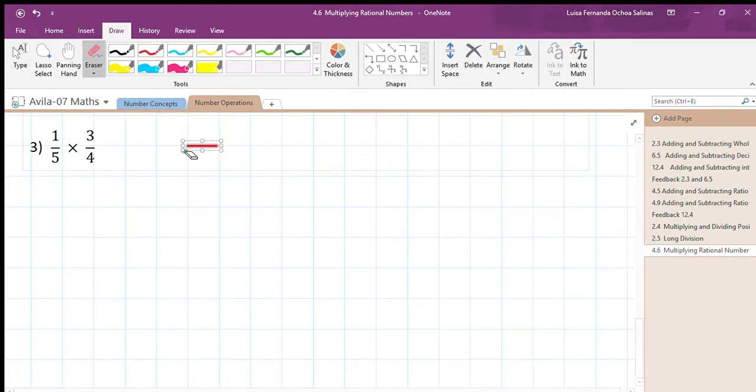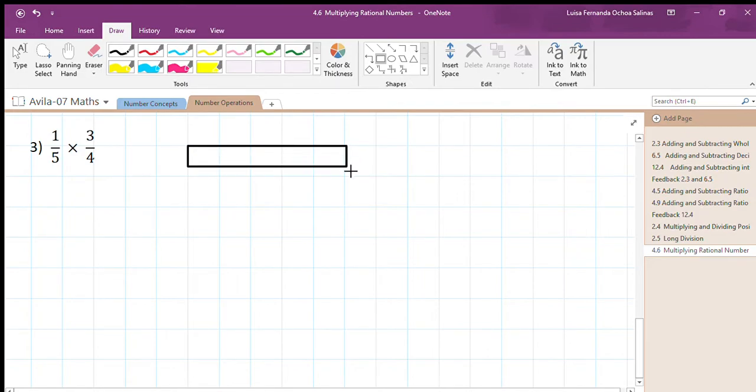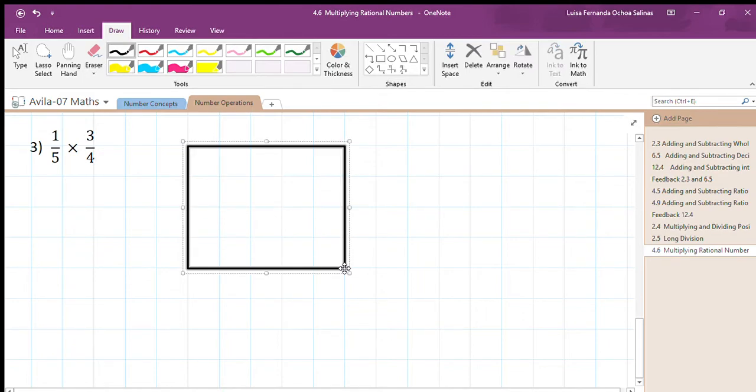So I have my 2, 3, 4, 5, and now I know that I'm going to divide by 4 as well. I'm just looking ahead in the problem. Here we go. Now I'm going to divide first this whole into fifths. That's what this bit is telling me.